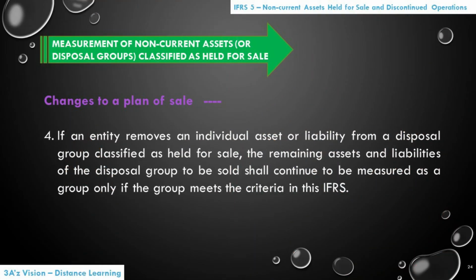Number 4. If an entity removes an individual asset or liability from a disposal group classified as held for sale, the remaining assets and liabilities of the disposal group to be sold shall continue to be measured as a group only if the group meets the criteria in this IFRS.